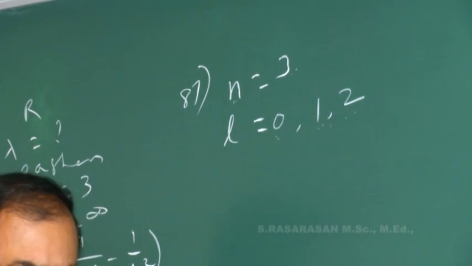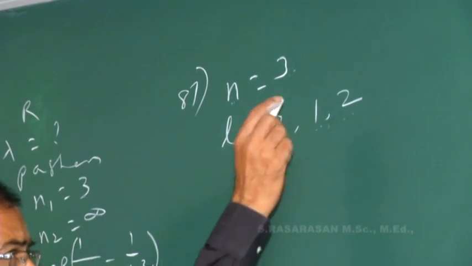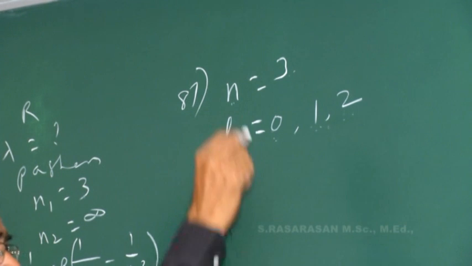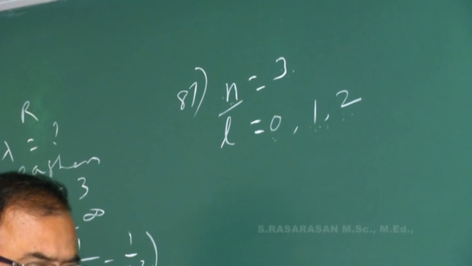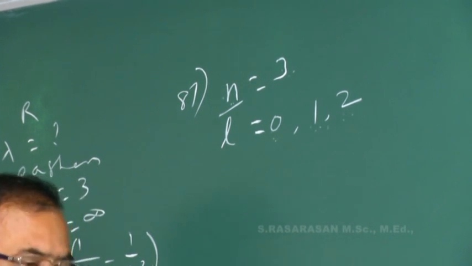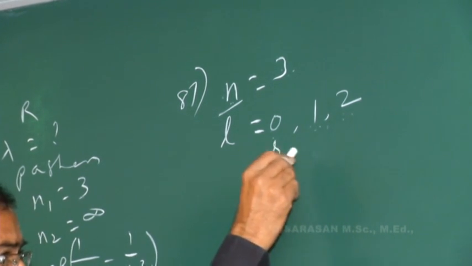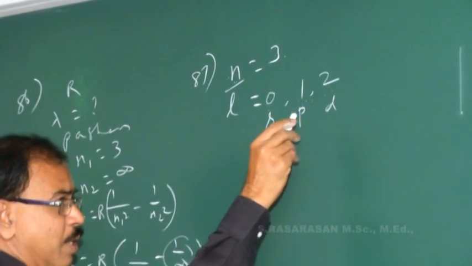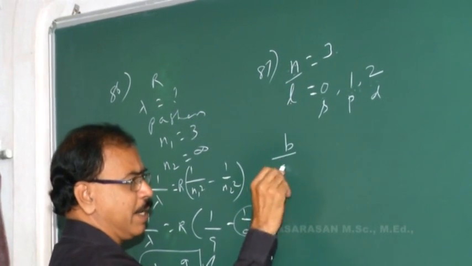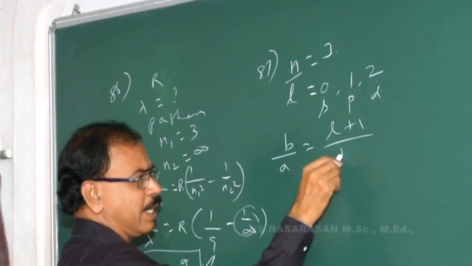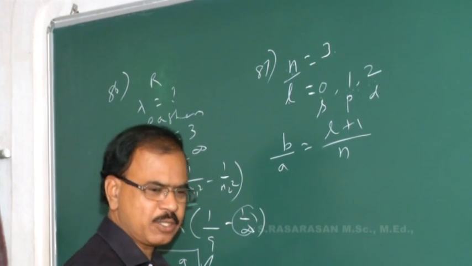Totally 3 values are possible, equal to n. So there are n possible subshells: S subshell, P subshell, D subshell. The relation between these given by Sommerfeld is b by a equals (L plus 1) by n, where b is the semi-minor axis of the ellipse and a is the semi-major axis.